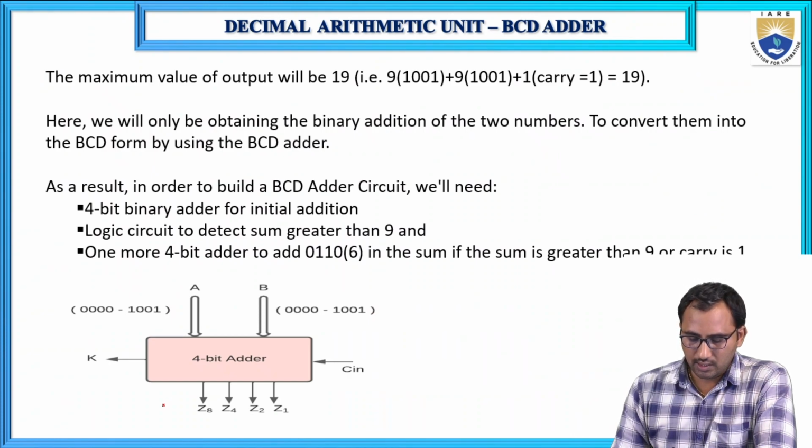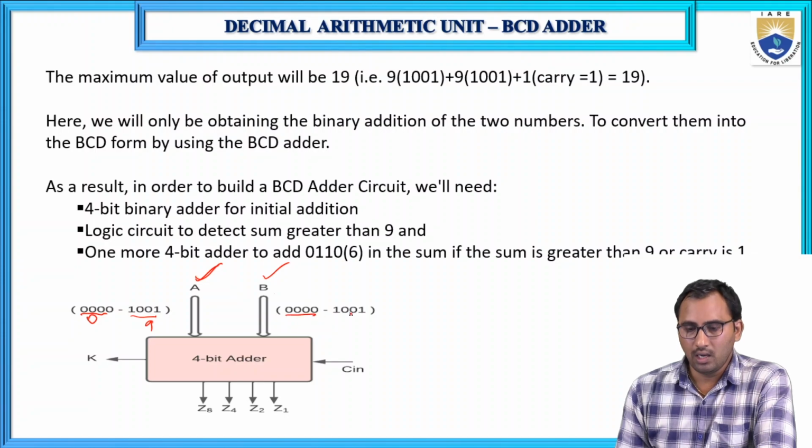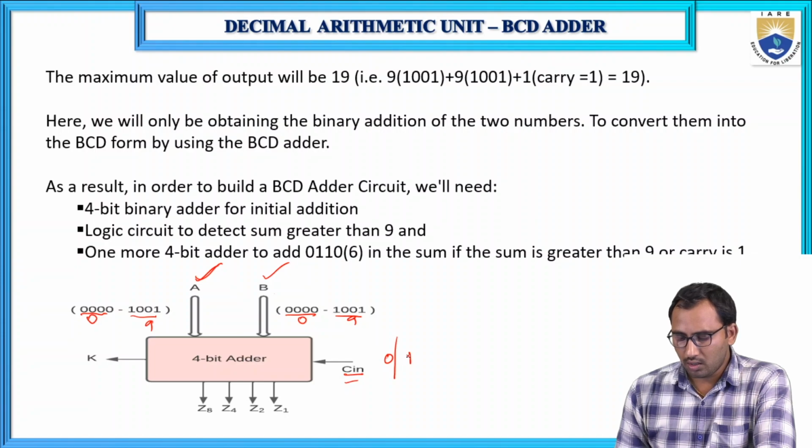So here you can see a 4-bit BCD adder. We have two numbers A and B. For the A number, the minimum is 0 and the maximum is 9. Similarly for the B number, the minimum is 0 and the maximum is 9. And there may be a chance of getting the input carry, which may be either 0 or 1.